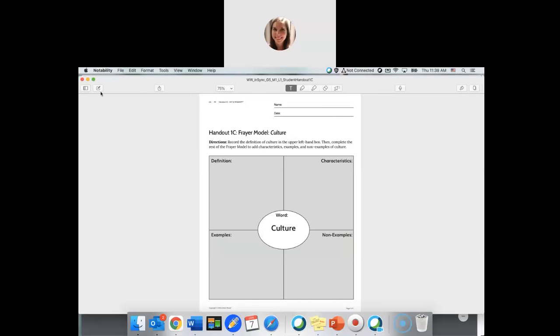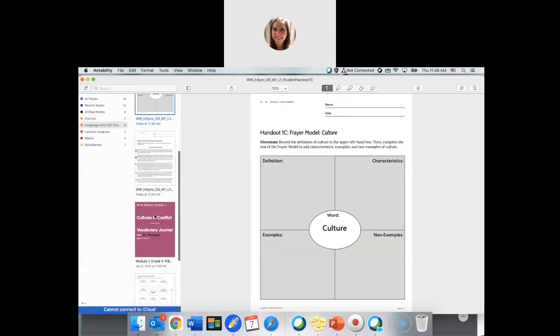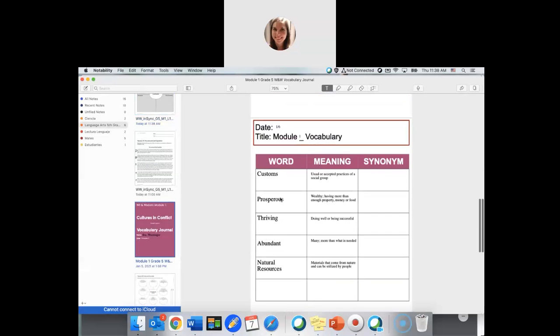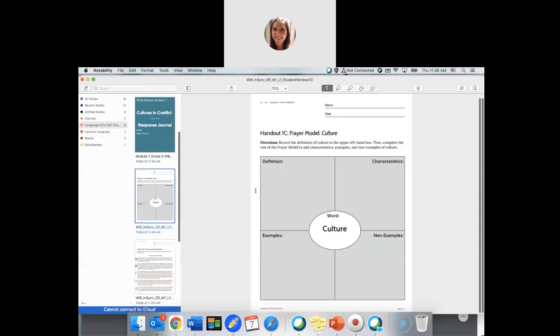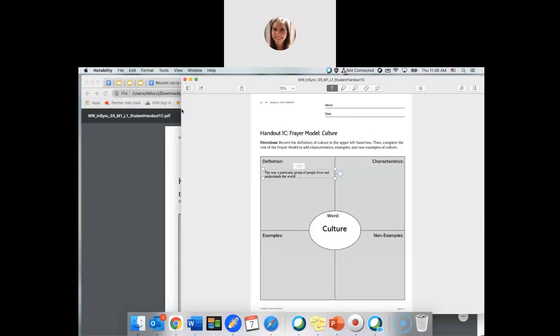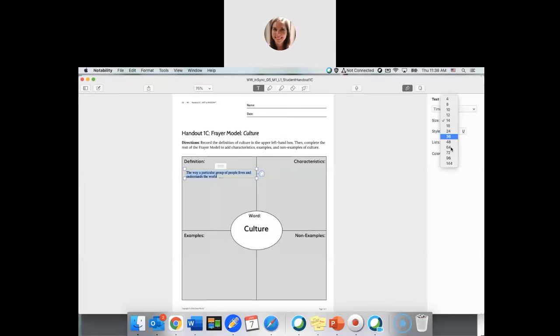Or it's under Upcoming. Some of you did it. If you already did it, I want you to check your answers. I would like to import this to Notability.